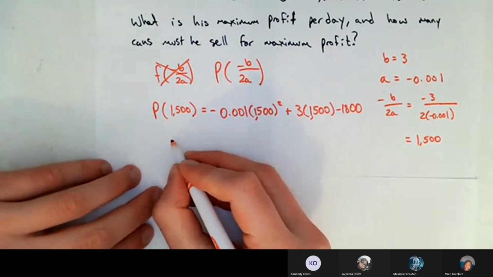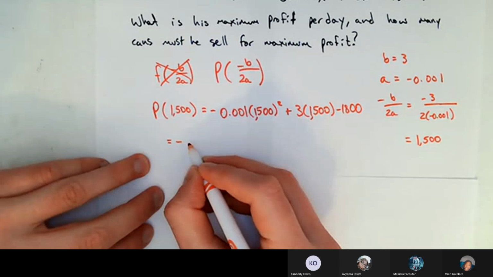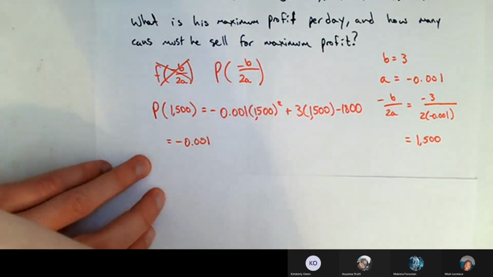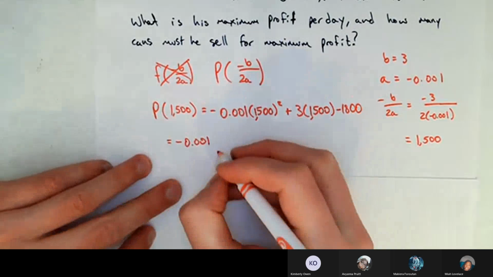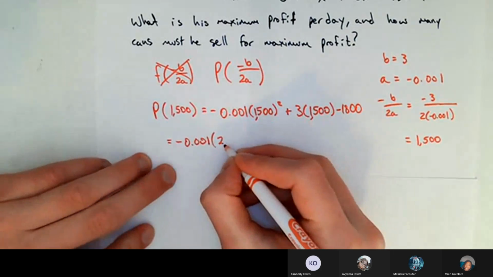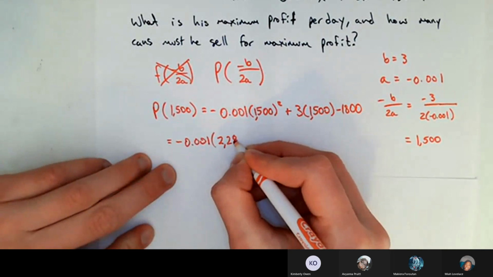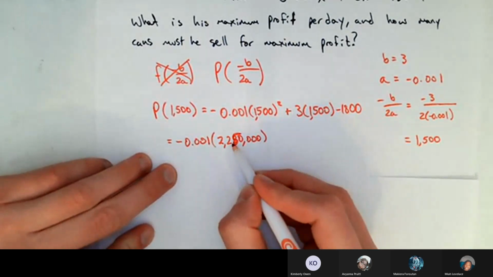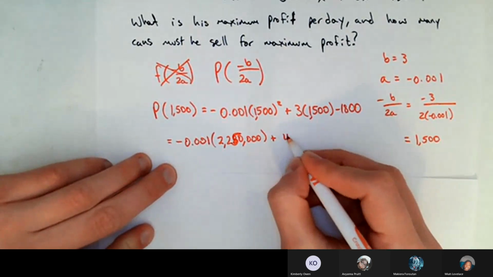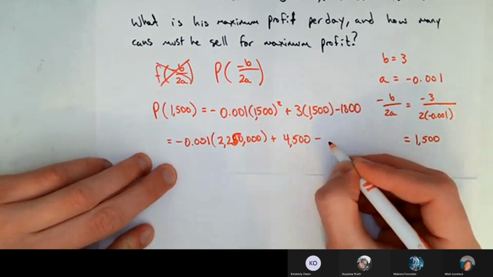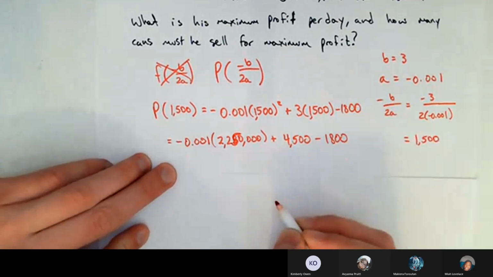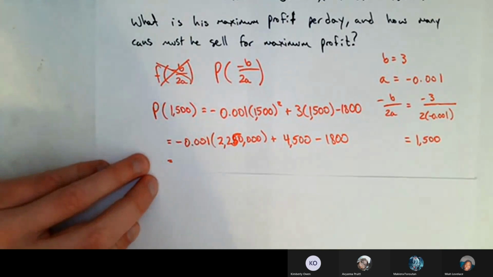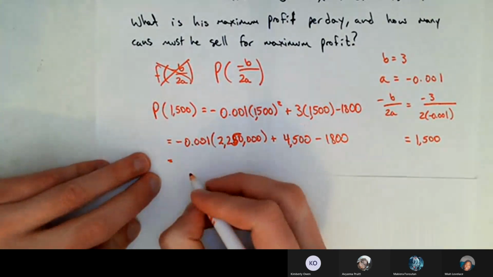Okay, and I'm going to back the equal sign up a little bit to give myself some more room. Negative 0.001 times 1,500 squared is 2,250,000. Then plus 4,500, and then minus 1,800. I'll go ahead and multiply these two numbers together, which just scoots the decimal out.